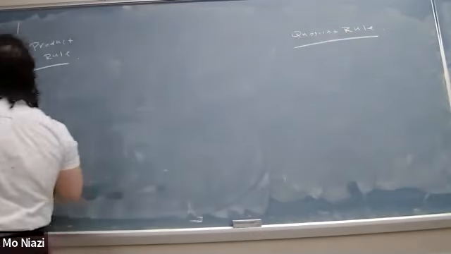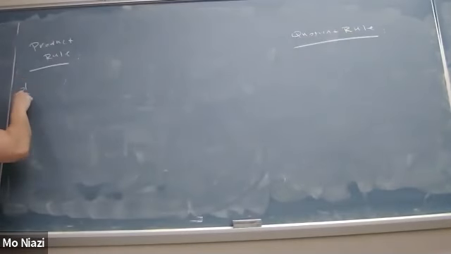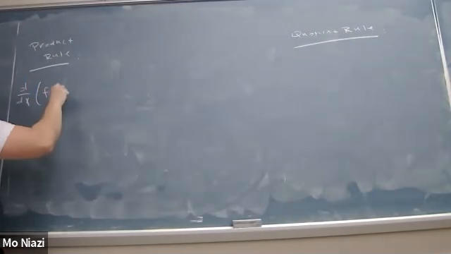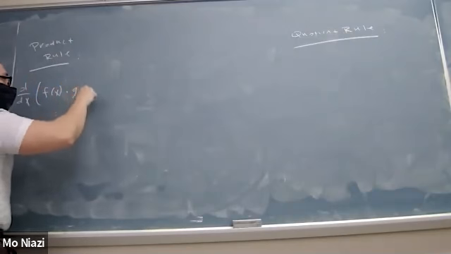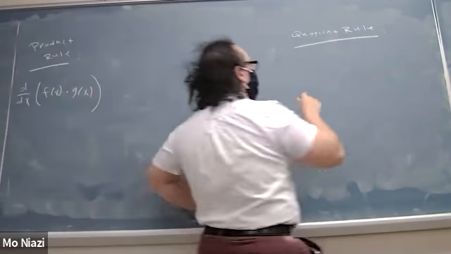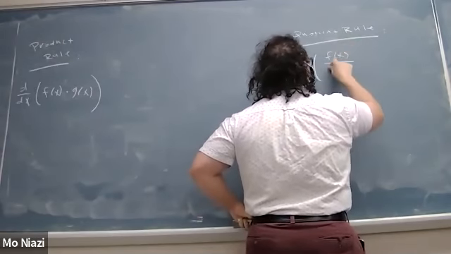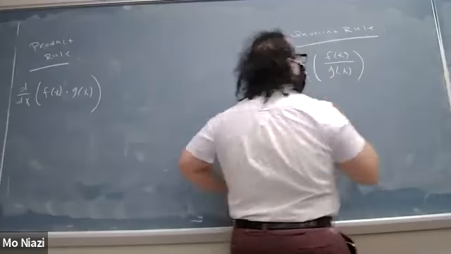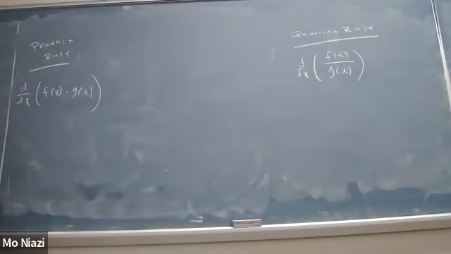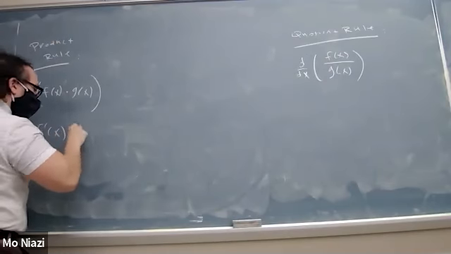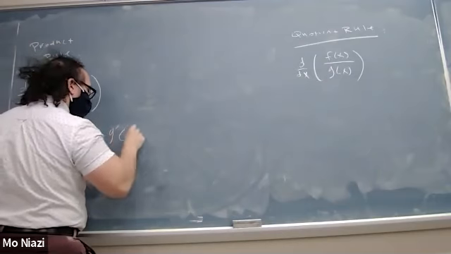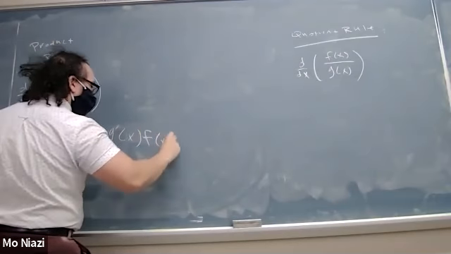The product rule has to do with what is the ddx of two functions times each other. The quotient rule is what is the ddx of two functions divided by each other. The product rule states that this becomes f prime of x times g plus g prime of x times f.